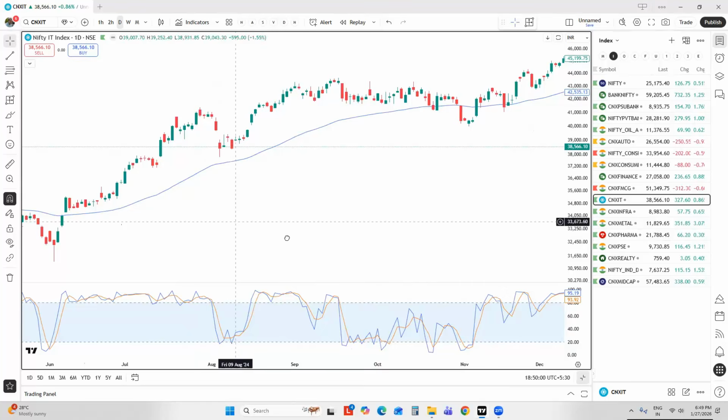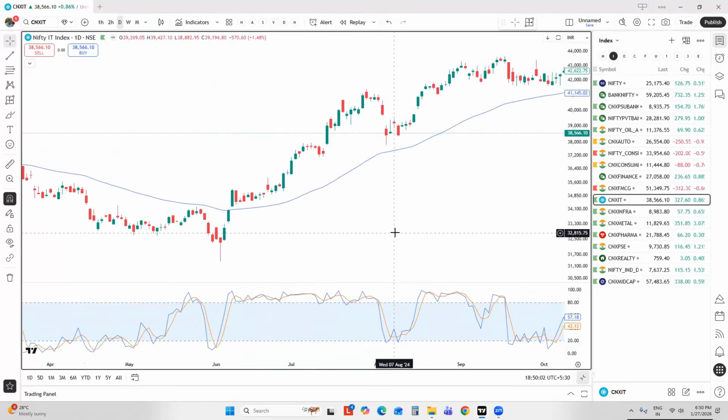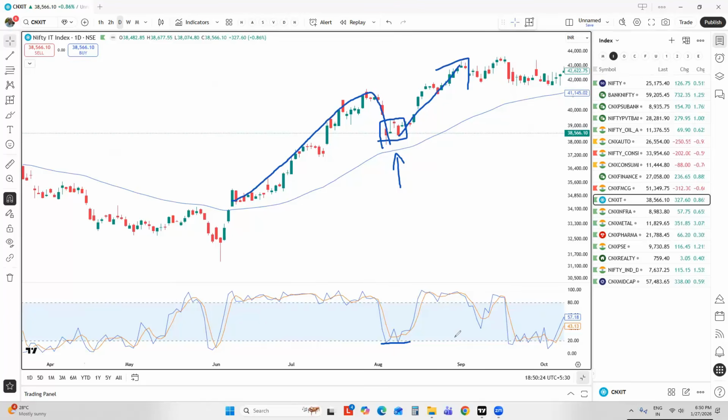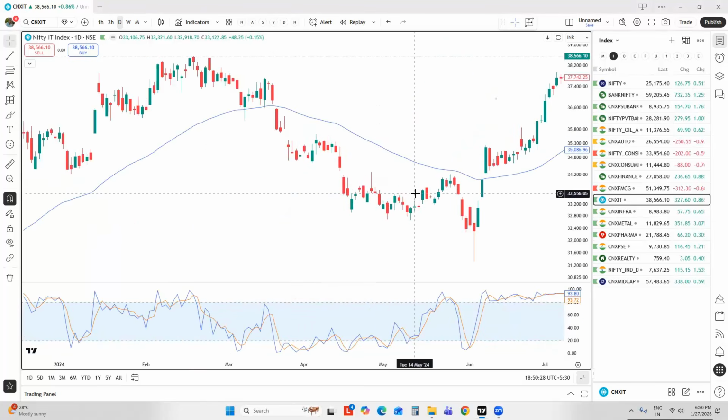It is not giving you a buy signal or a sell signal, but it is helping you with the information that, see over here, IT pack in an uptrend, retraces, stochastic goes below 20, confirmed uptrend, a pullback, and from here you're getting information that it can rise on the upside. Now, whether to participate or not over here, that is your own personal choice, but this is how you can use this setup. Again over here, a down move.